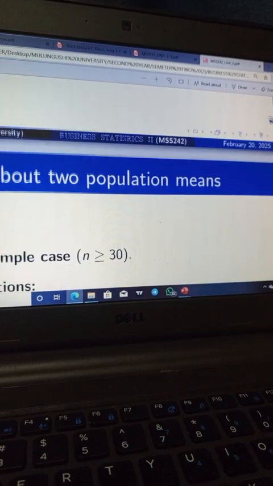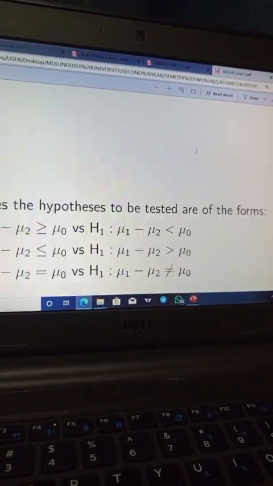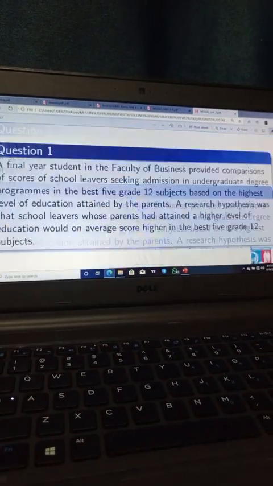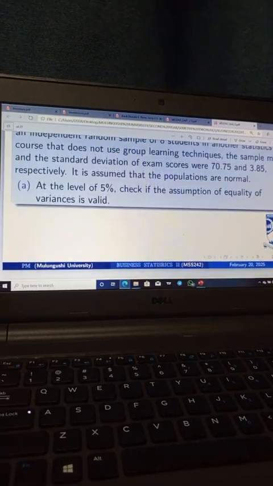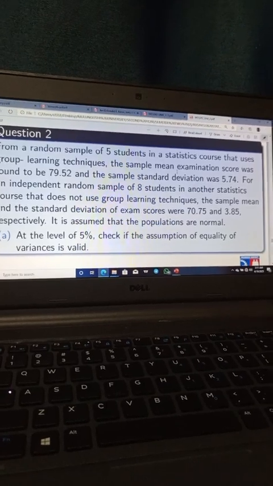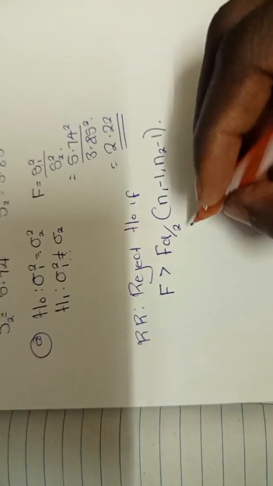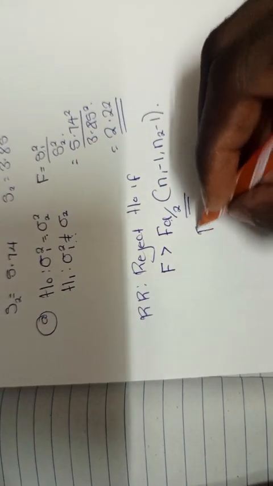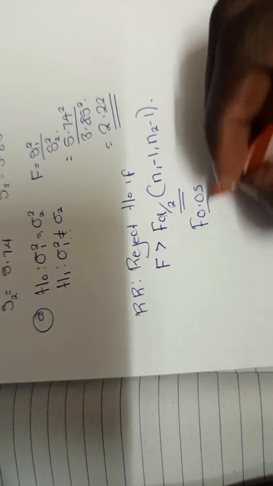Diving deeper, let us go to the very same question we are looking at, which is question 2. Remember, question 2 asks us to test the equality of variances. You do not have the data here. Remember, alpha is given to be 0.05, so you divide alpha by 2.